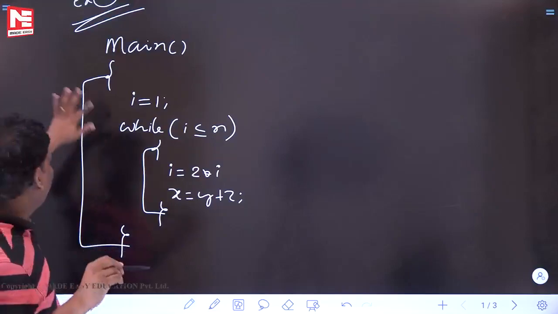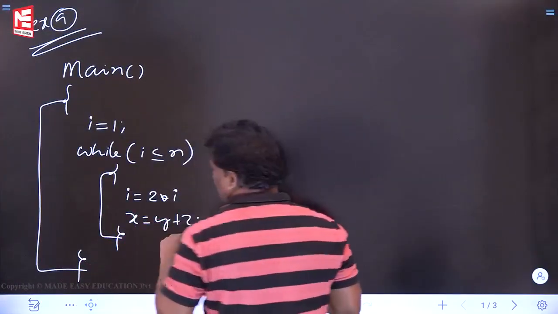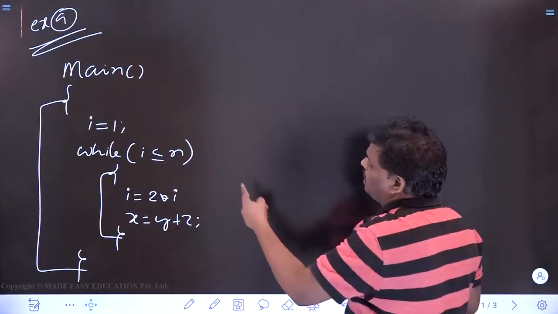This is one problem, example 9. What the answer is and all, I will explain. Afterwards we will see a little bit more complicated problem than this.